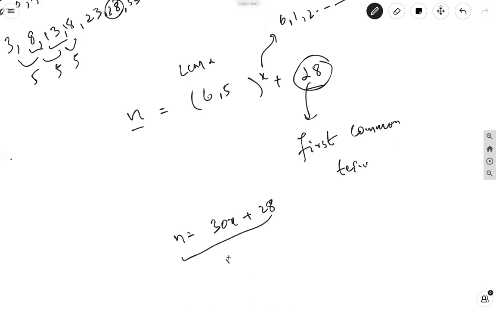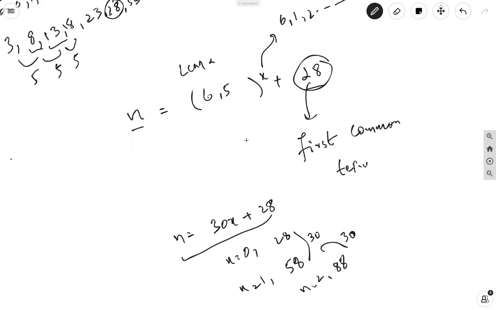So when x is 0, our first value of n is 28. When x is 1, our value will become 58. When x is 2, this will become 88, right? So there's an increment of 30 in each. Got my point? This is a way to quickly find those. Otherwise, if you start substituting, adding 5 and 6 in each, that will take a lot of your time, right?